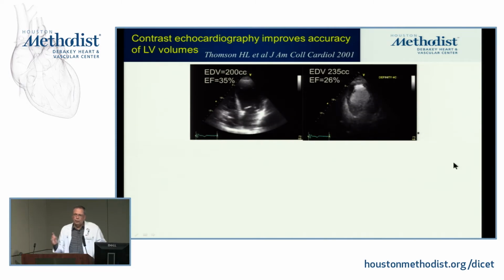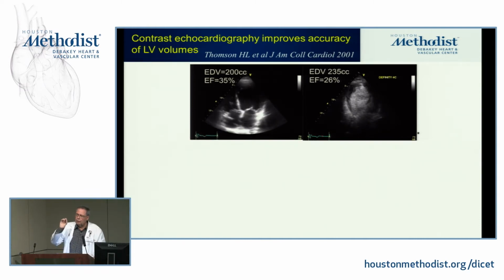And in fact, where we get the most bang for our bucks is with big hearts. Because this foreshortening problem can be really grotesque, like the case I showed you. But it can be more subtle, not quite as grotesque, where it becomes less appreciated.